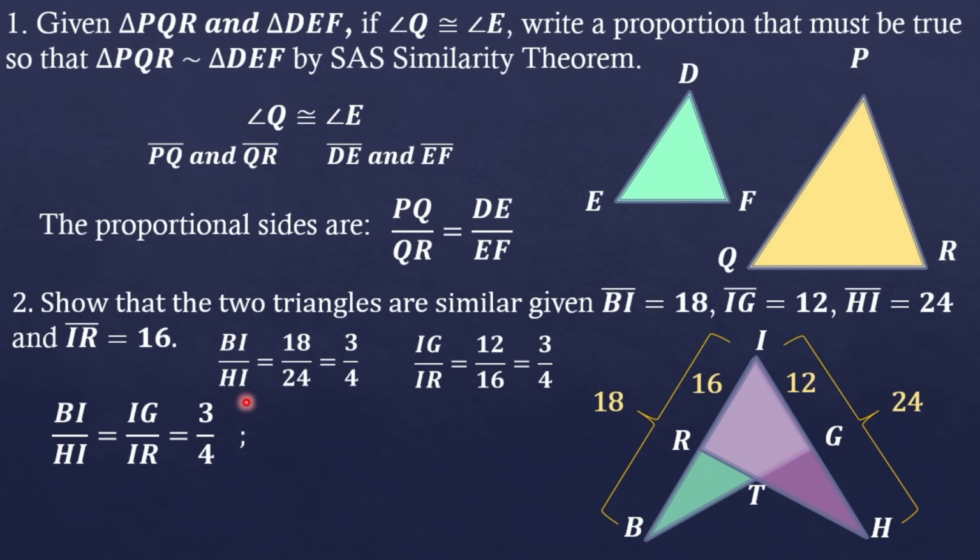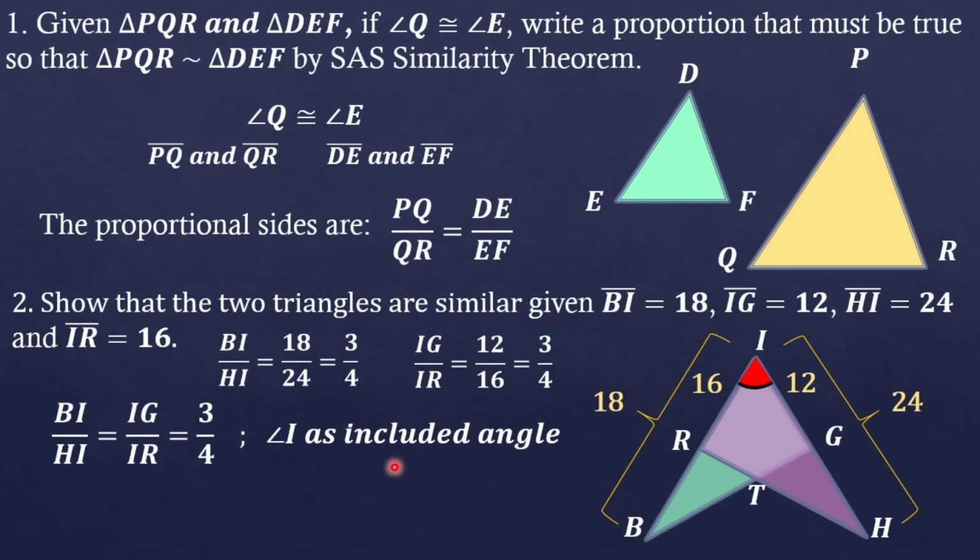Now, meron na tayong dalawang sides na proportional. So, hindi pa natin pwedeng sabihin na sila ay similar kasi dapat meron, it's either SAS, dalawang sides na proportional and included angle, or SSS. Okay? So, we need to have another part. So, ano po yun? Since itong dalawang triangle mo ay parehong ito, meron silang parehong angle I, which is their included angle. Ito po yan.